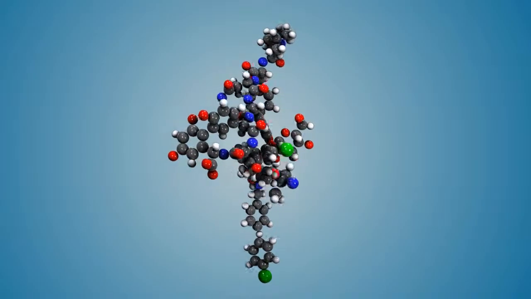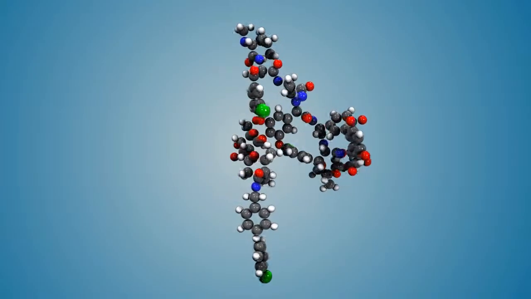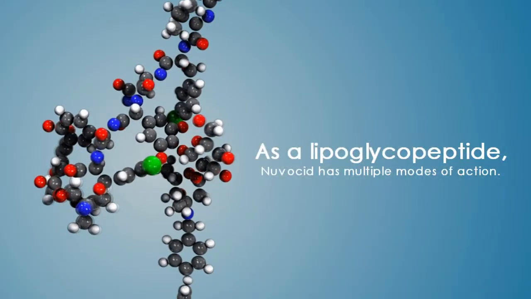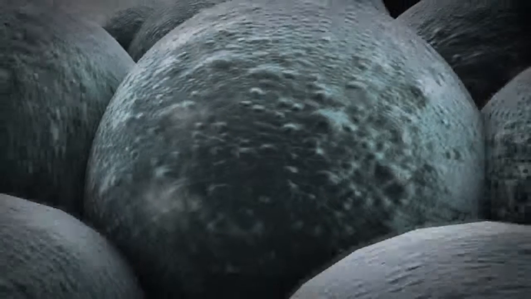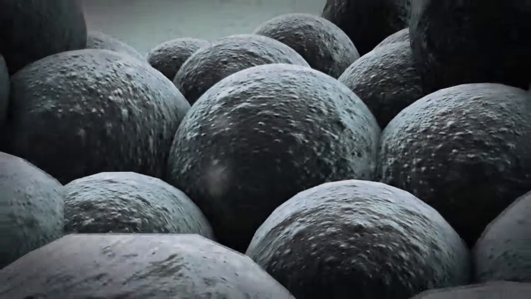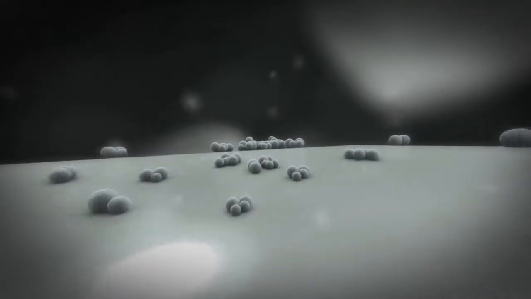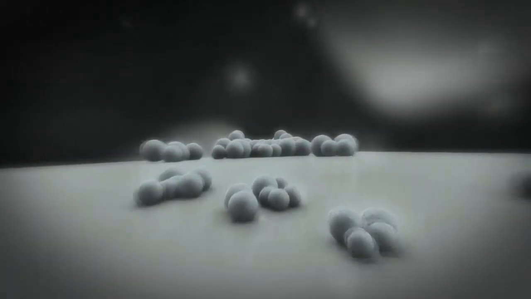Most gram-positive agents have only one mechanism of action against gram-positive bacteria. However, as a lipoglycopeptide, Nuvasive has multiple modes of action. Nuvasive inhibits cell wall growth and damages cell membranes in aerobic and anaerobic gram-positive bacteria, including strains that have become resistant to other currently available antibiotics.